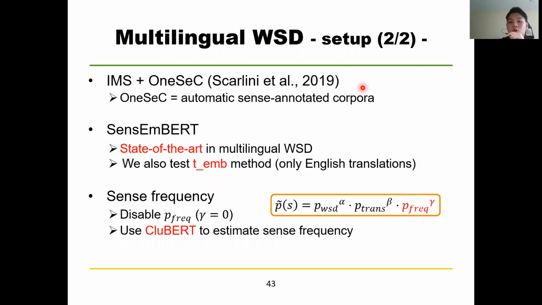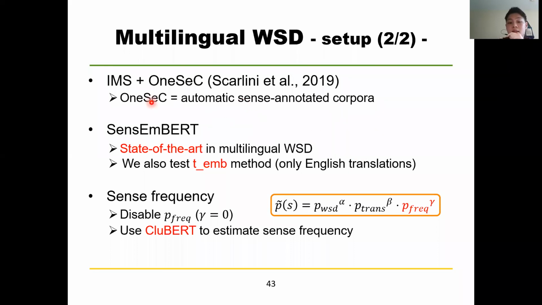And we test on 2 different systems. The first system is IMS trained on OneSec, which is an automatically developed sense-annotated corpus in multiple languages. And the other system is SensEmBERT, which is a state-of-the-art system in multilingual WSD, as I mentioned earlier.